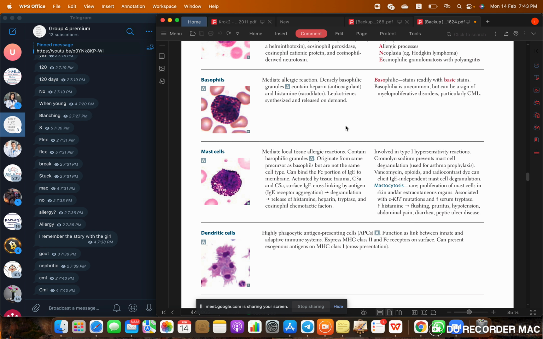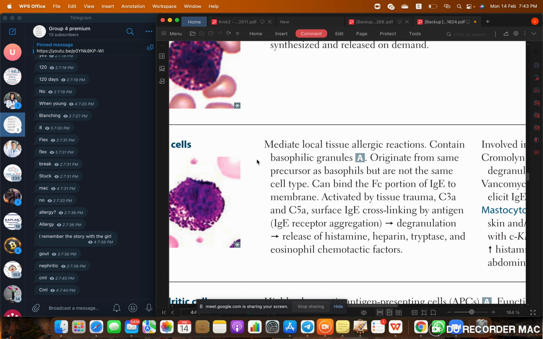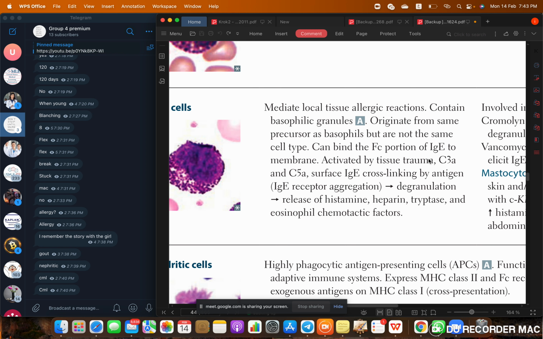There is something called IgE-independent mast cell degranulation, which means it does not require an IgE. This is totally different. So the mast cells can bind to the Fc portion of the IgE on the membrane. They are activated by tissue trauma, C3a, C5a, and also surface IgE cross-linking by an antigen. IgE receptor aggregation is what I just drew for you.